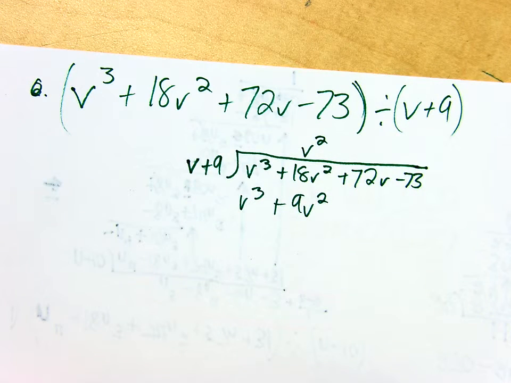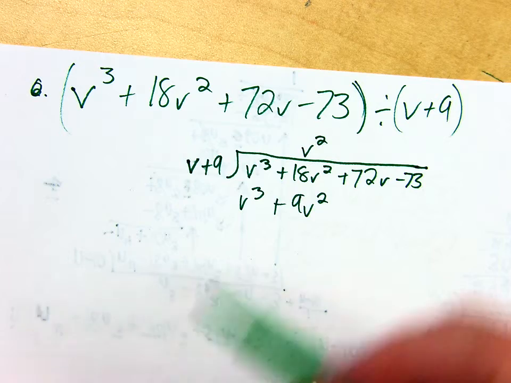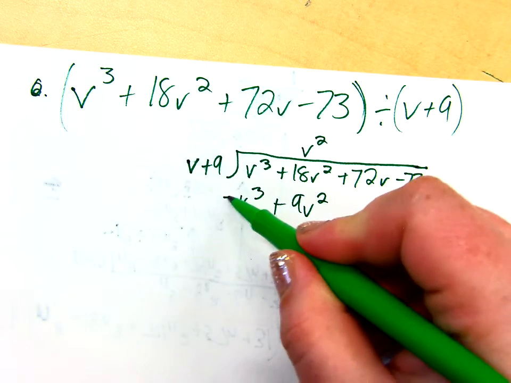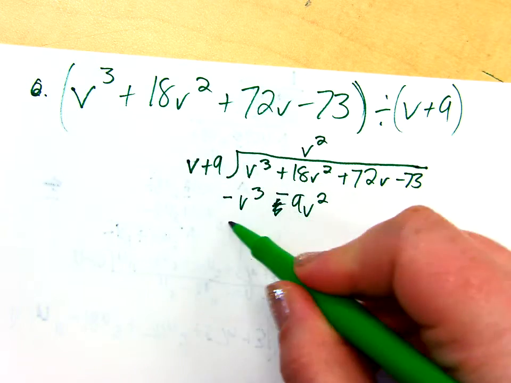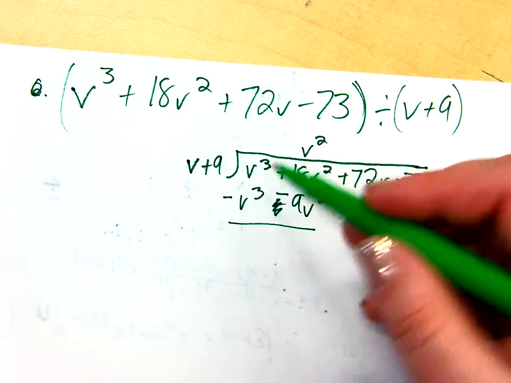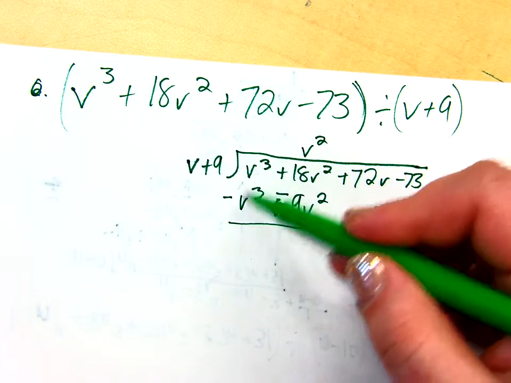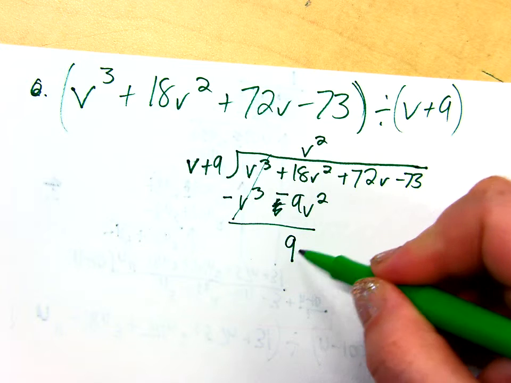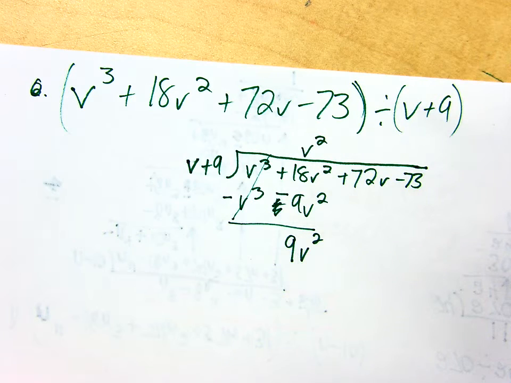Okay, and then would I add them? No, because now you have to subtract them both. So whatever signs they are currently, you change them both. So now this becomes a minus, and so does this. And now you could think of it as adding. Those cancel, and then negative 18 minus 9 leaves you with a positive 9b squared.